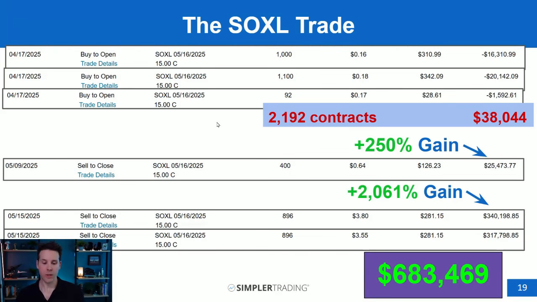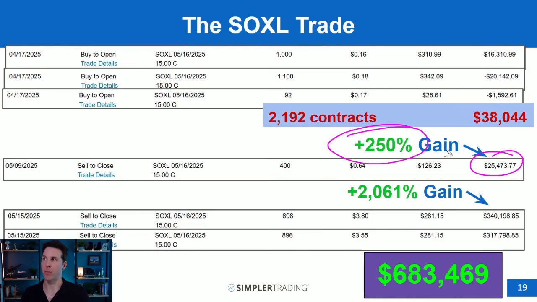All right, so here is the actual trade, because if you haven't seen this before, this is the big trade that I took, and this is how I was able to do this. I put $38,000 on the SOXL trade, which was a $15 strike. SOXL was trading at $9 at the time. As we were going along, I cashed in 250% gains just so I could cover my cost basis.